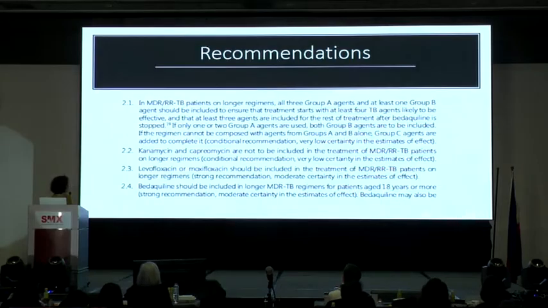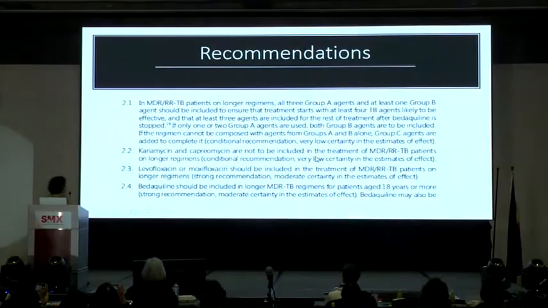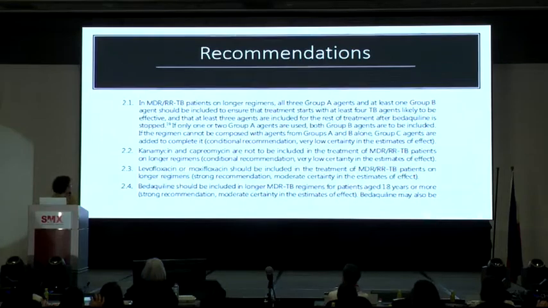So the recommendations are again conditional, with very low certainty in estimates because there have been no trials. The recommendation was to use all of A and then add a B, or add 2 Bs. I will show you later.